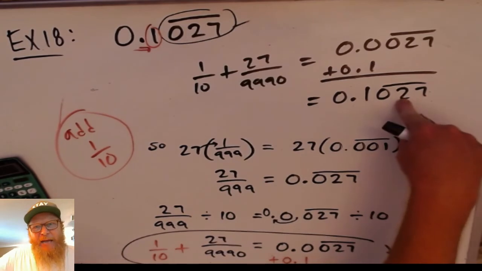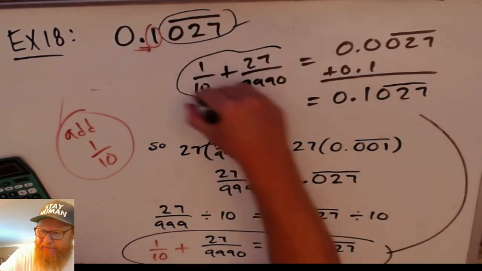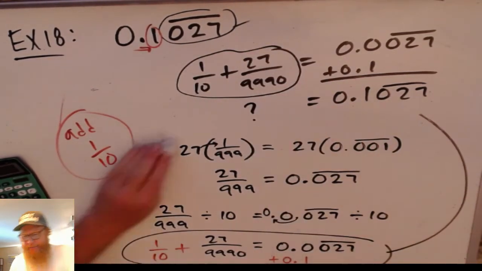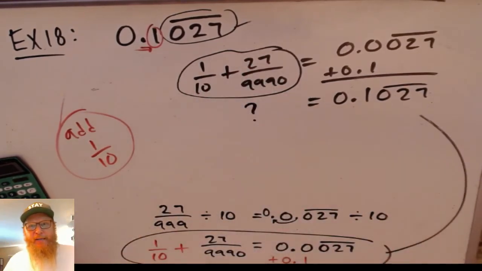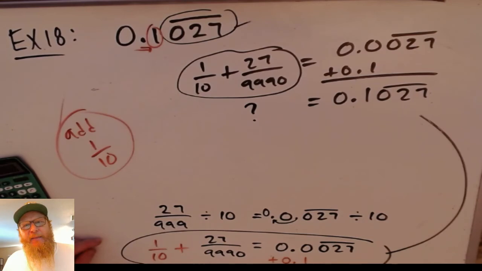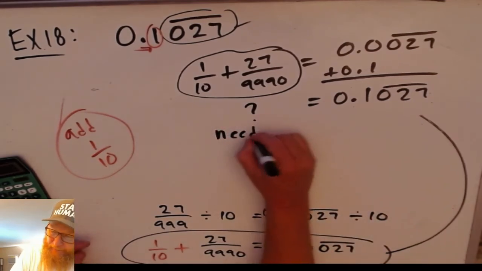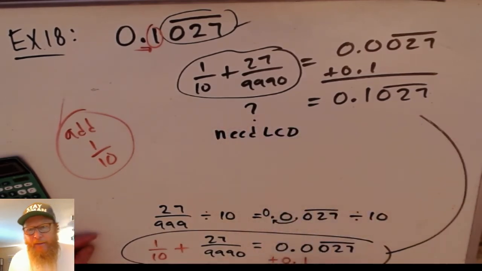See? These match. And now I just have to simplify this. 1/10 plus 27 over 9,990. Oh, we need an LCD. It's just going to be 9,990.